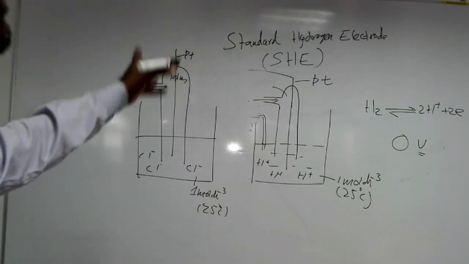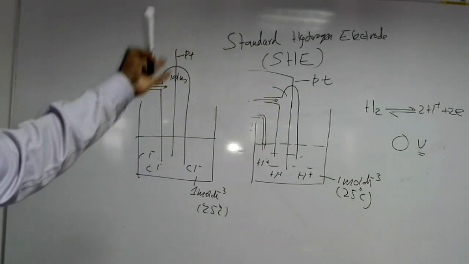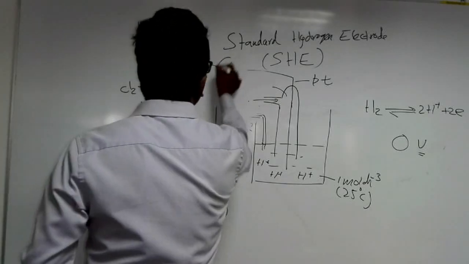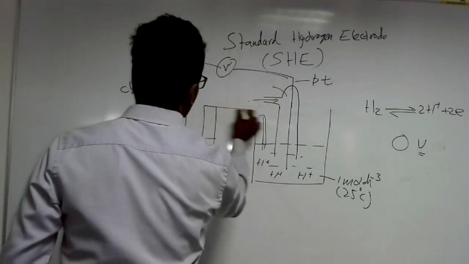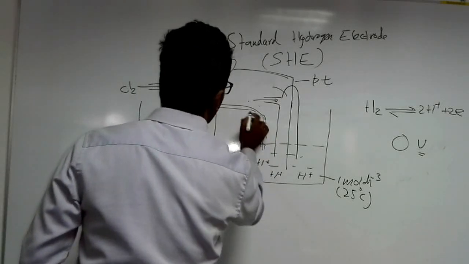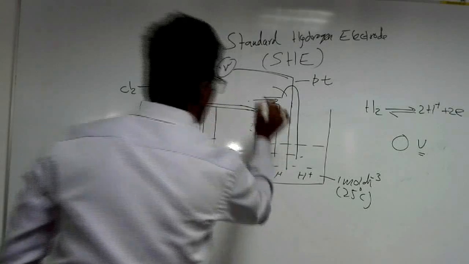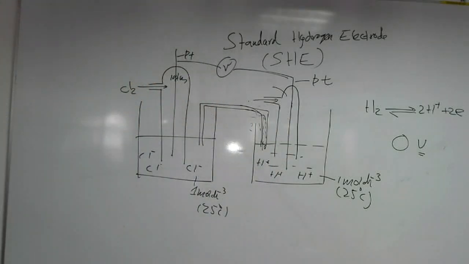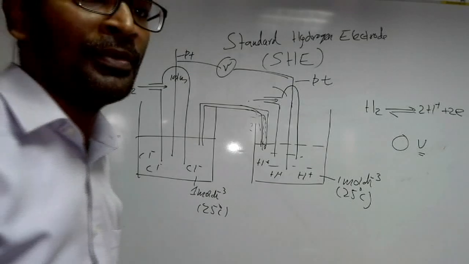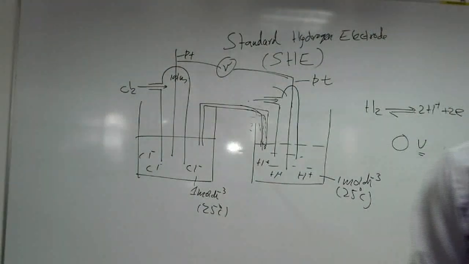So when there is a connection between the chlorine gas electrode and the standard hydrogen electrode, then we can obtain the standard chlorine electrode. That's how we can prepare a standard electrode.